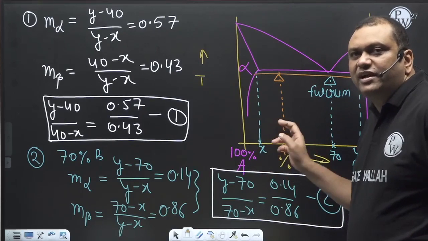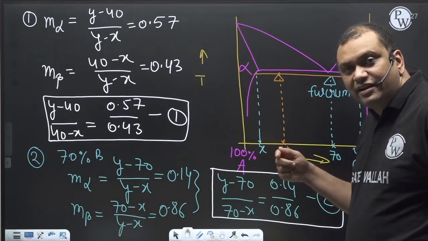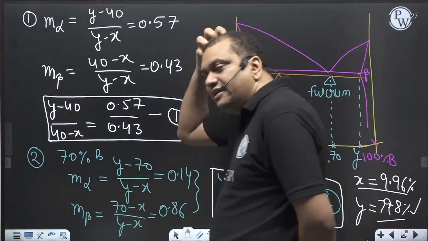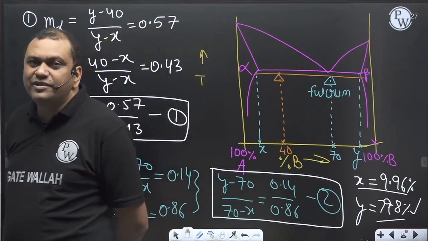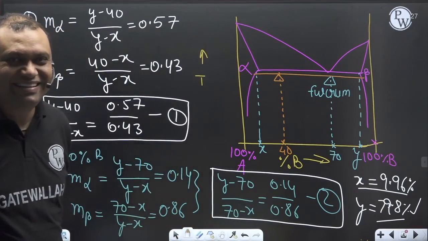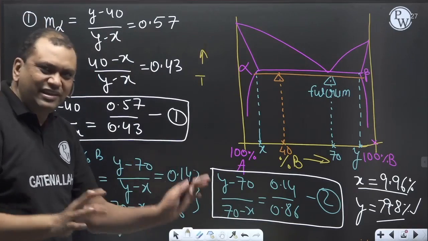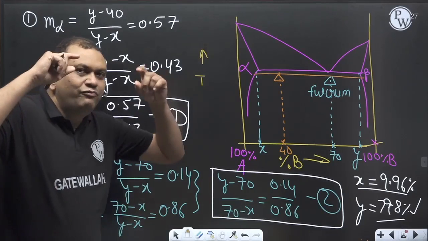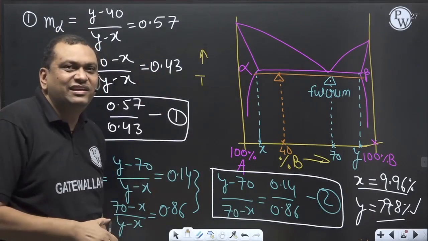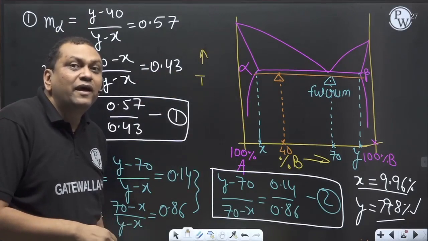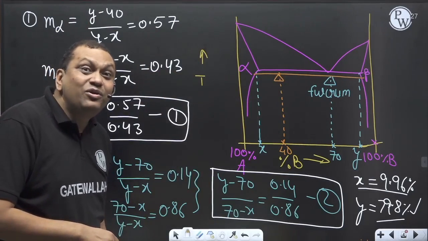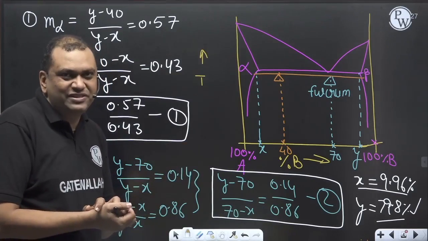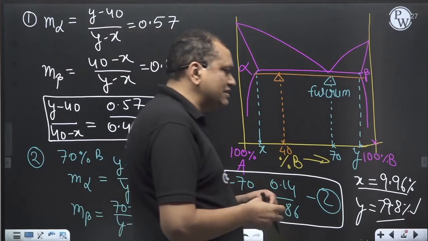The most important diagram in this category is the lead-tin diagram, and the iron-carbon diagram also falls in this category. Of course, the iron-carbon diagram is called a peritectic phase diagram, but anyway, it can fall in this category. There is a third type of binary phase diagram where there is complete liquid solubility and no solid solubility. Alloys of bismuth follow that type of phase diagram. So we will skip that this time.